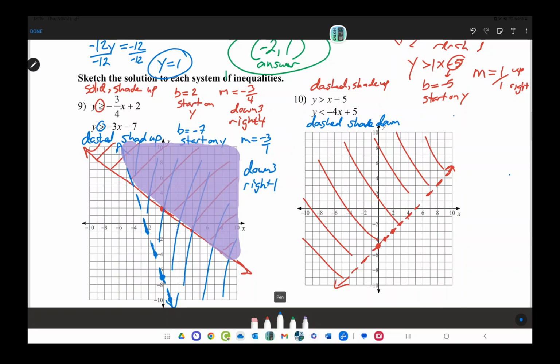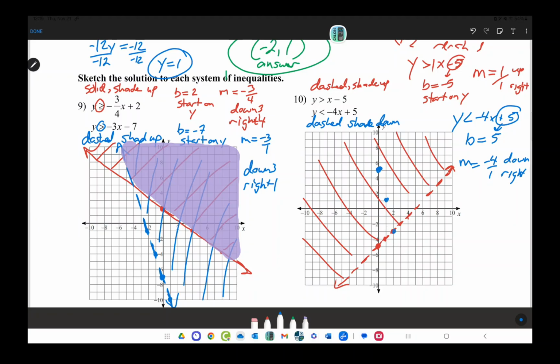And when we have y is less than -4x plus 5, my b is 5. Slope is -4, so we're going to put it over 1. Means you're going to go down 4, right 1. Starting at positive 5, down 4, right 1. Down 4, right 1.